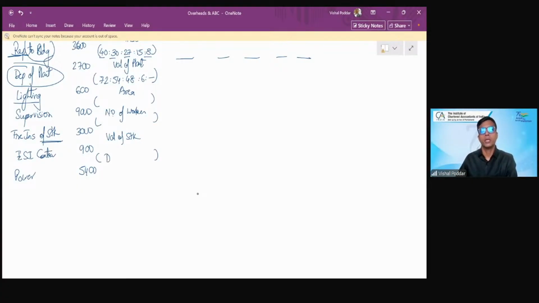For this, it should be wages. Why wages? Because if you recall the salary chapter of income tax, generally all these contributions, provident fund contribution, ESI contribution, all types of contributions are given as a percentage of salary. The higher the salary, the higher the amount. Since it is linked with salary, you should take the ratio of wages, right?